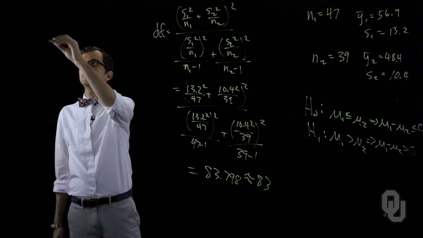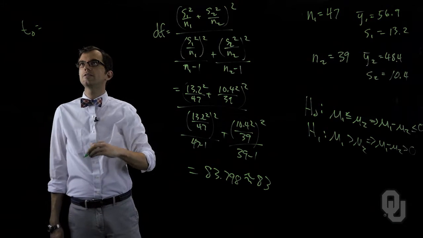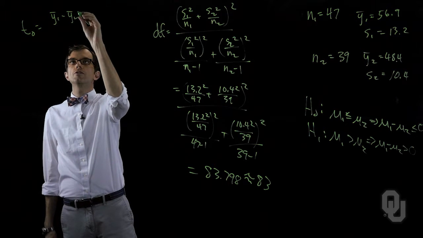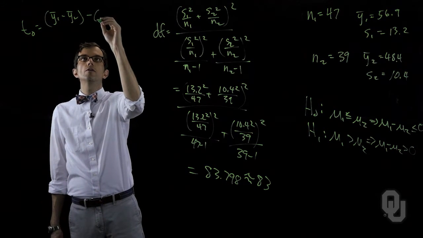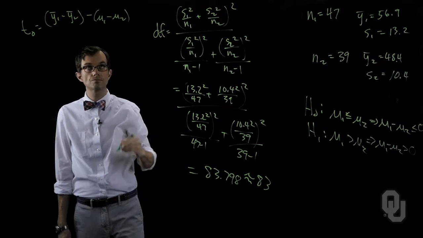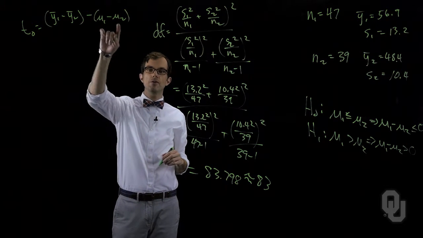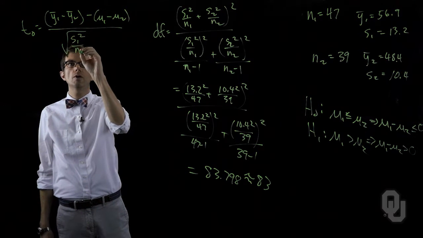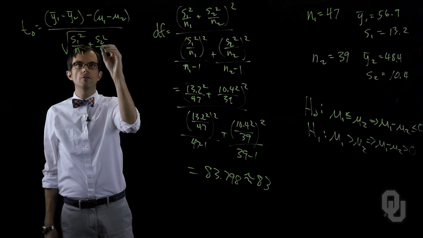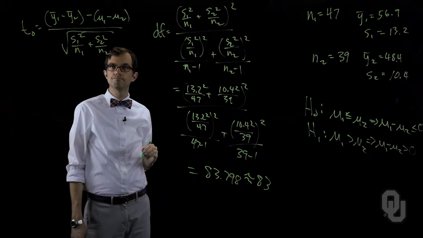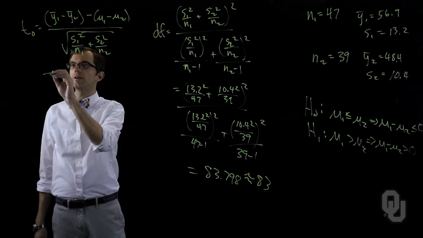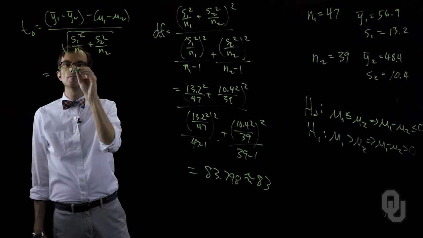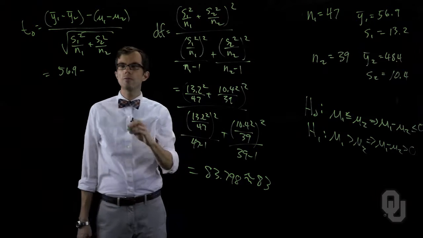Now let's calculate our test statistic. The test statistic is how different is y1 bar from y2 bar, our sample evidence, minus (mu1 minus mu2). How different is the sample evidence from the hypothesized value in standard deviation units? Divided by the square root of s1 squared over n1 plus s2 squared over n2. Now we just have to input these values. y1 bar, 56.9. y2 bar, 48.4.